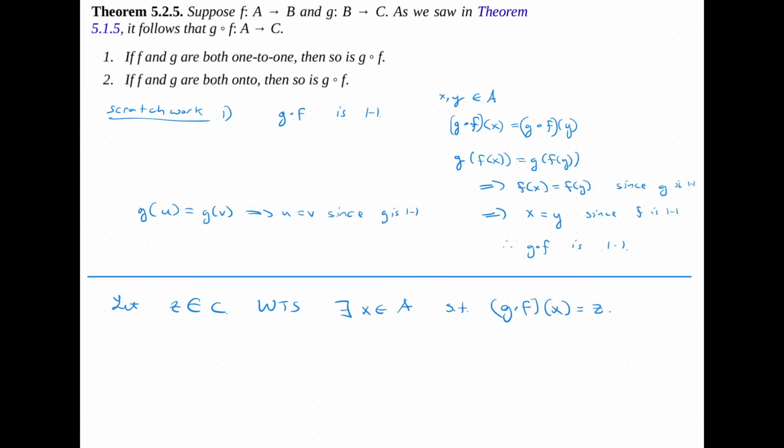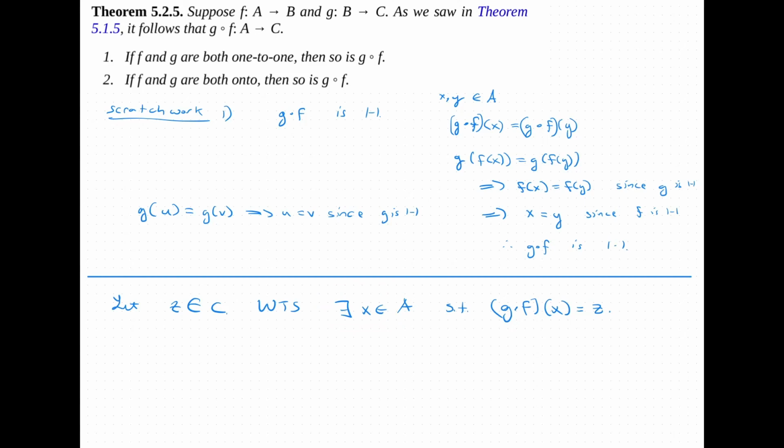But we do know that g and f are both surjective. So let's use that to our advantage. So if we work backwards, we want to find this x. That's the thing, we need to show the existence of this x.